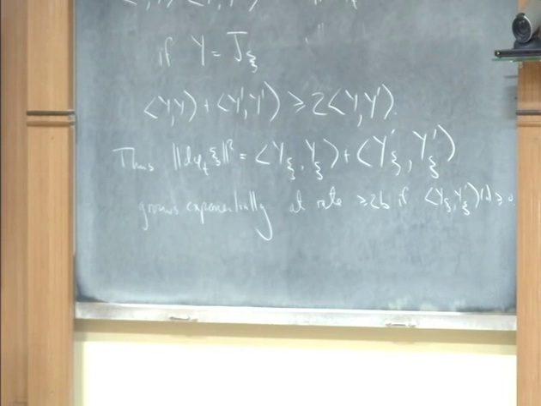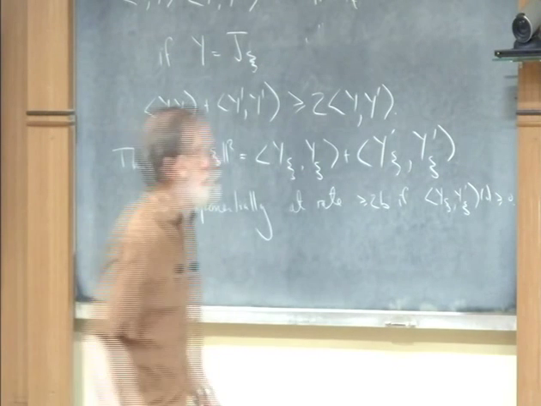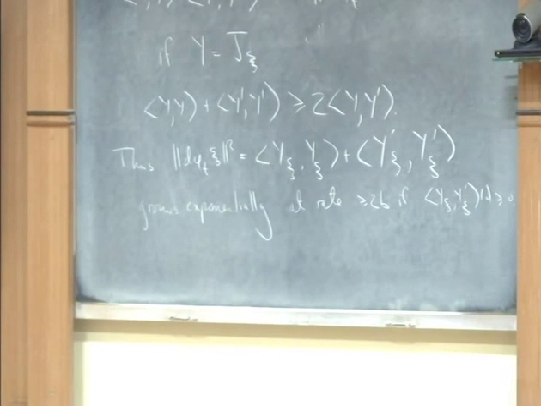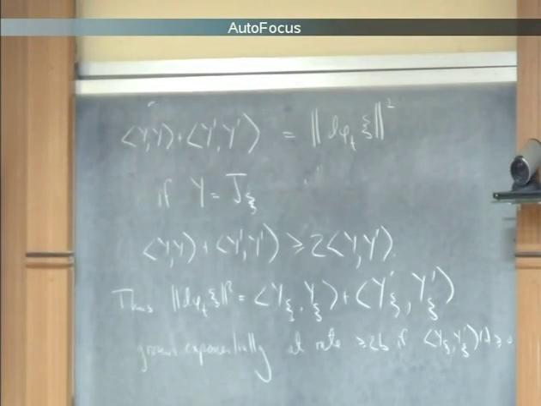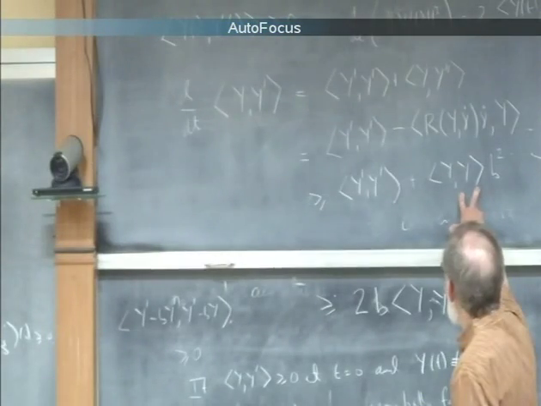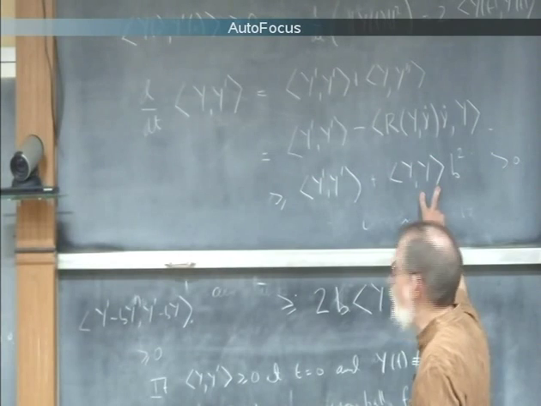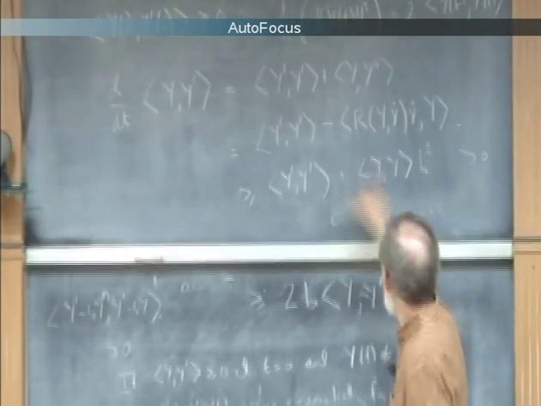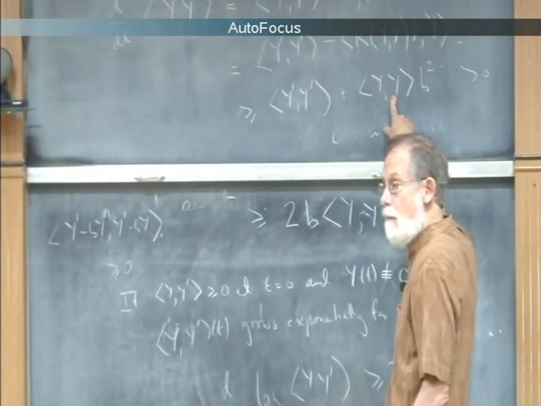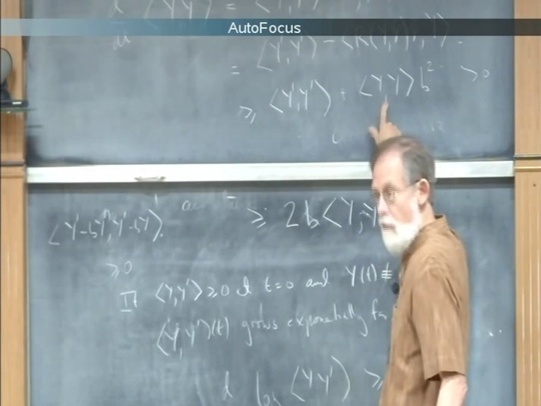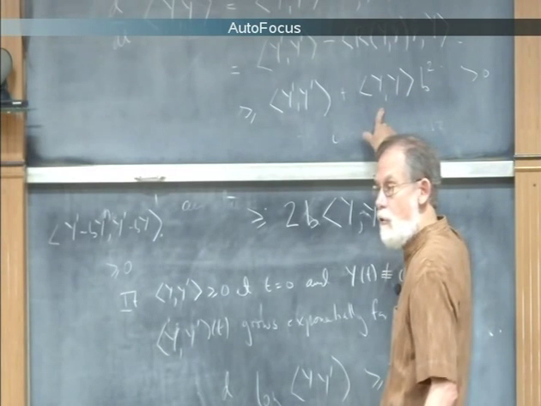So another nice thing that is clear from these calculations is that even if I know nothing about the Jacobi field y, what I get here is positive unless I've got the identically 0 Jacobi field.